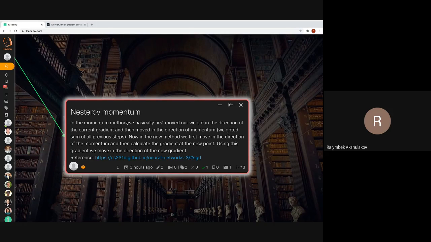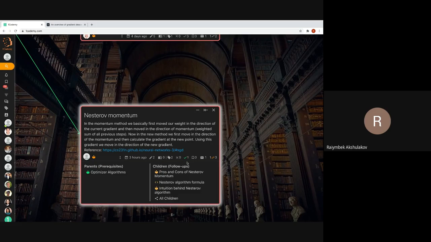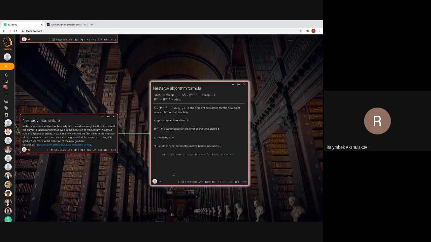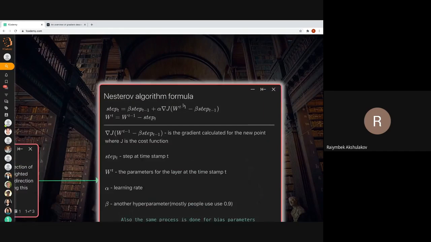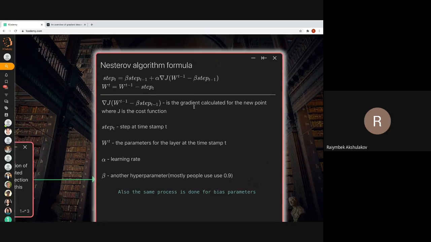So usually, let me show you the implementation. Show me the formula. So that's the formula. This looks a lot like the momentum formula, but the difference is that instead of parameters.